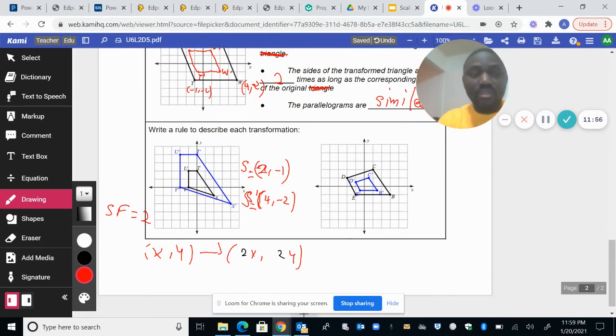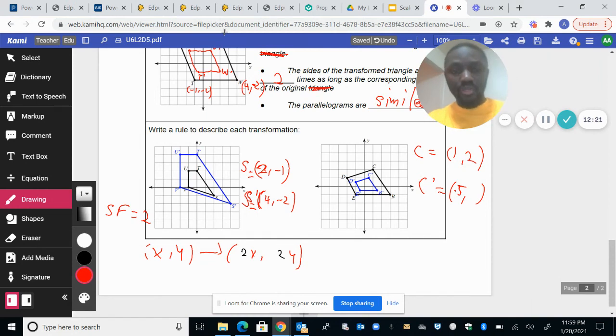We're going to do the same thing here as well. If I take C and C prime, C has x component 1 and y component 2. C prime has x component at half, so I'm going to write 0.5, and the y component at 1.